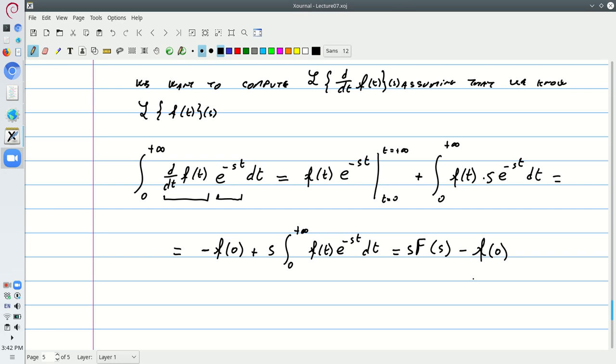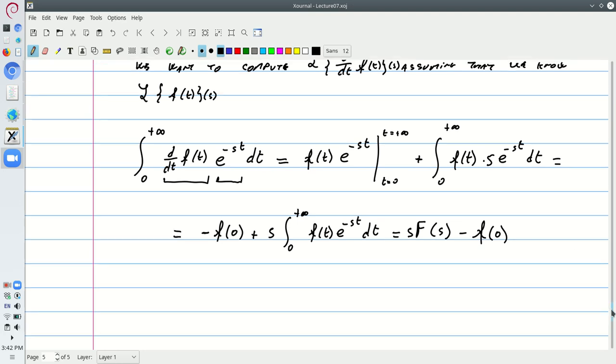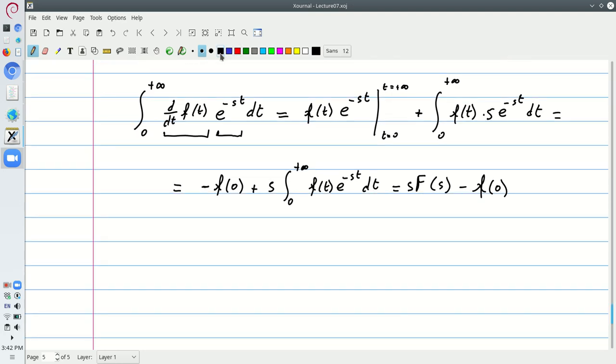Here we are. The Laplace transform of the derivative of f of t is obtained by a multiplication by s: we multiply the original Laplace transform by s, and we remove f of 0. Let's write this down.